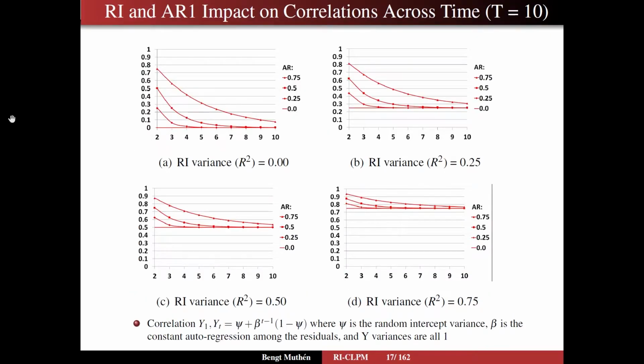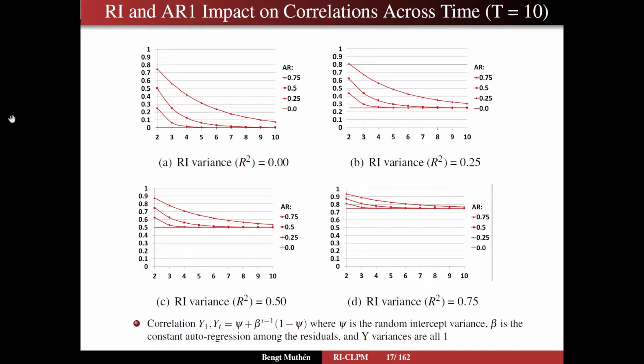On slide 17, I show correlation plots for the RI-AR1 model. They will look a little bit different for RI-AR2 models or for the RI-ARMA model that we're going to talk about later. But here it is the simple RI-AR1 model.